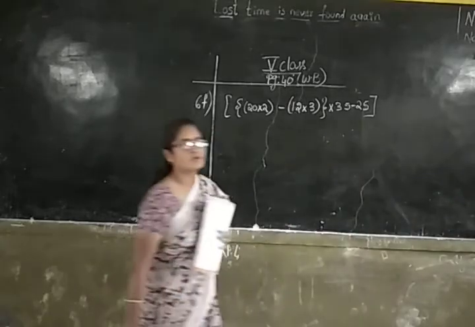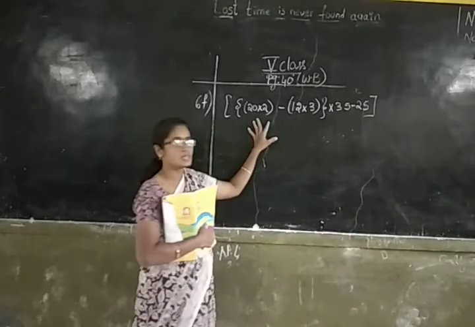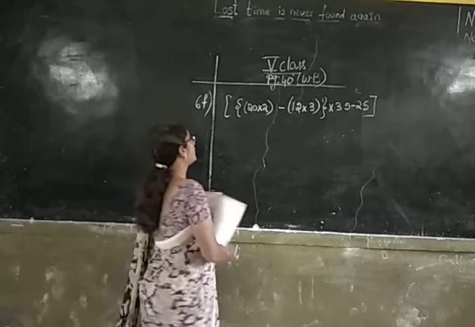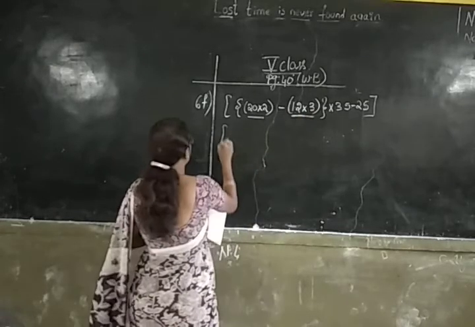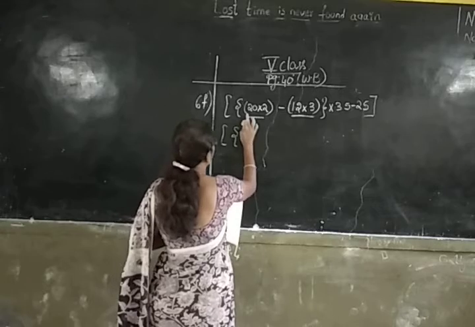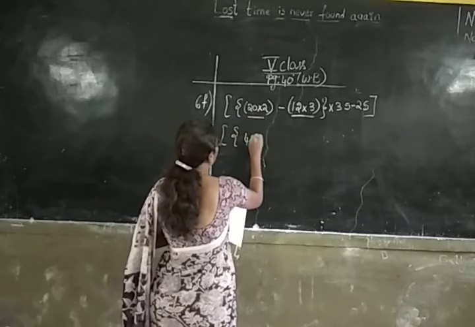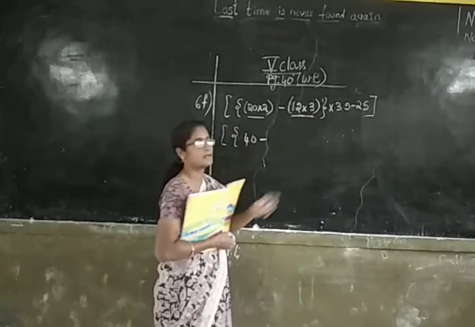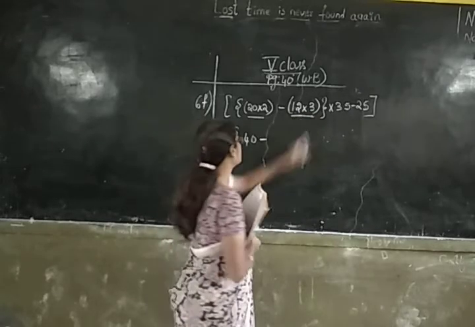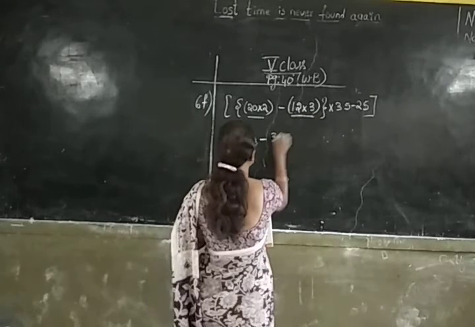So according to the BODMAS rule, first we have to solve the terms inside the round bracket. So here two round brackets are given. Square bracket, flower bracket. 20 2s are 40 minus. Now we have to solve the next round bracket. So 12 3s are 36.